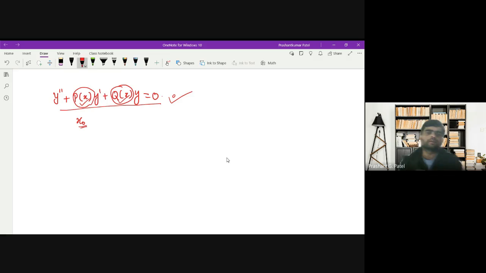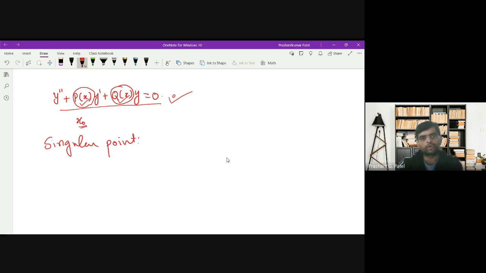In the previous lecture I also discussed what will happen if p of x and q of x are not analytic at the point x0. That point is called the singular point. So I already discussed the definition of the singular point. What is the definition?